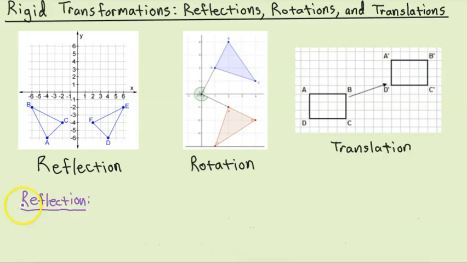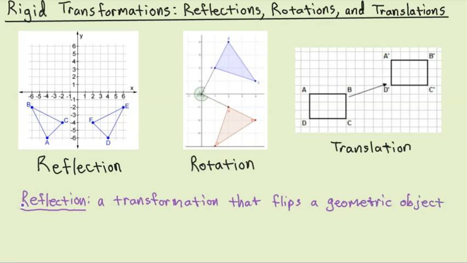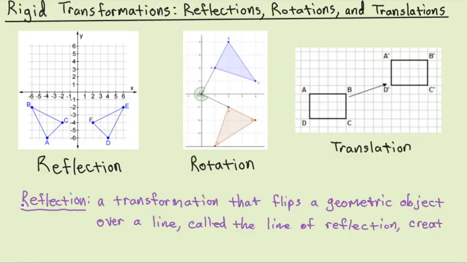All right, so I'm going to give you a definition of reflection. A reflection is a transformation that flips a geometric object over a line called the line of reflection, creating a mirror image of the original.